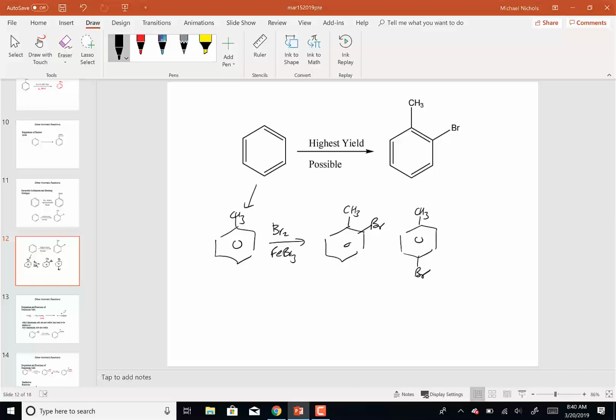And you might say, well, what if I add the bromine first? Same problem. If I add the bromine first and then I add the methyl group, it's going to go ortho and para there too. And there I'm going to pay a higher energy cost, because when I put a bromine on a benzene ring, that's a deactivated ring, so it's going to take more energy to make the methyl group add. If I start with the methyl group, I'm going to take less energy to add the bromine because the methyl group's activated.